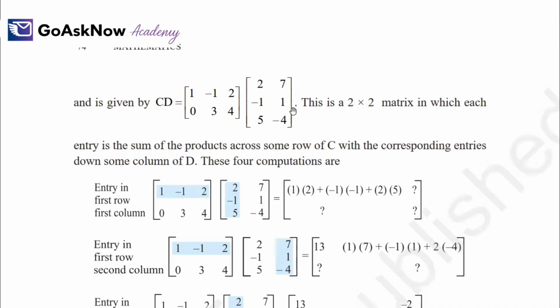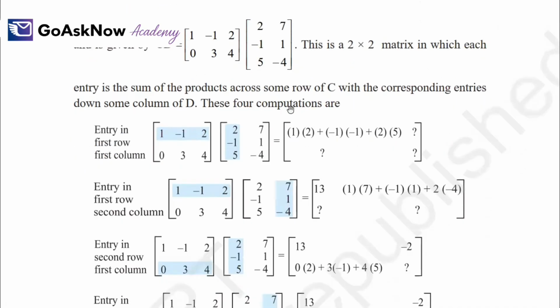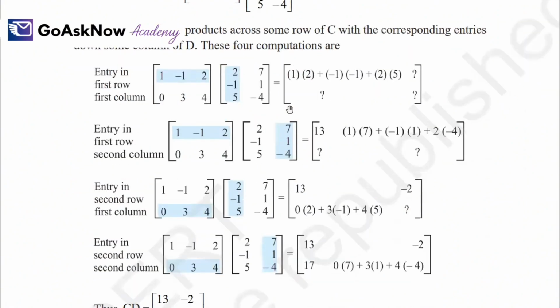Here the computations are done, and you can calculate each element by taking the first row of the first matrix and the first column of the second matrix, multiplying the corresponding elements and adding them.